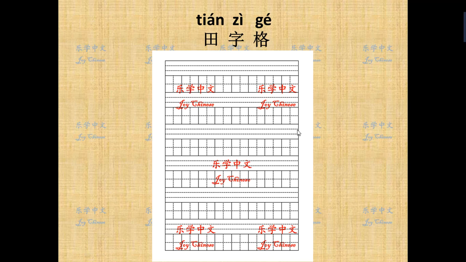You can find them in the same playlist of this handwriting video too. Also, if you are watching this video from TV or computer, you will see from the top right-hand corner there is a place you can click in and directly go to the link of the video for making this 田字格.